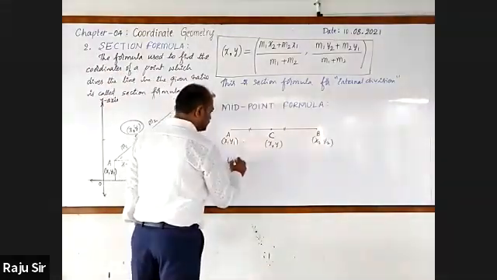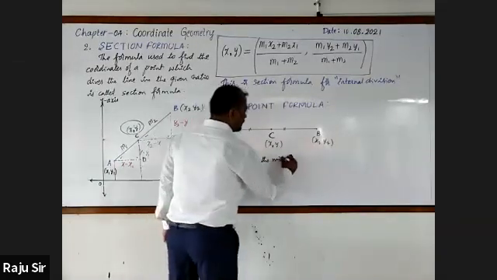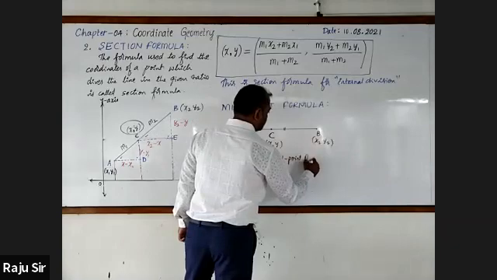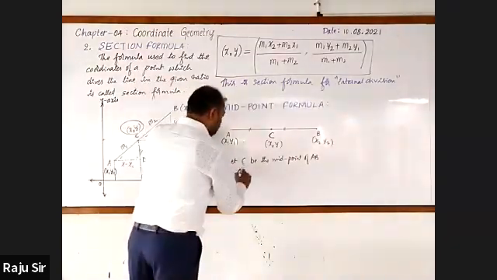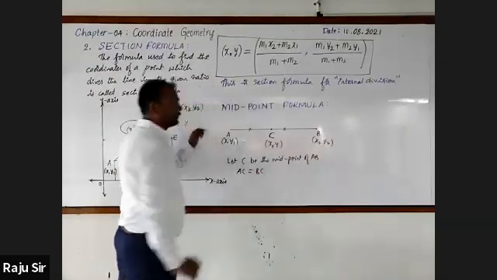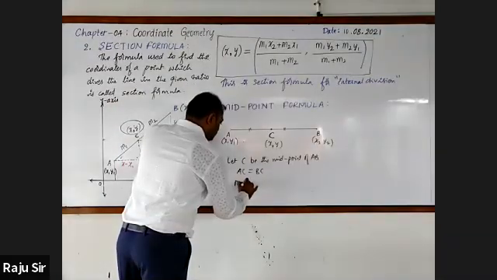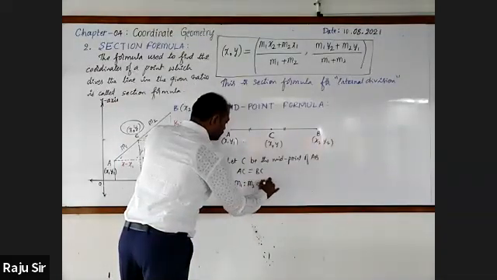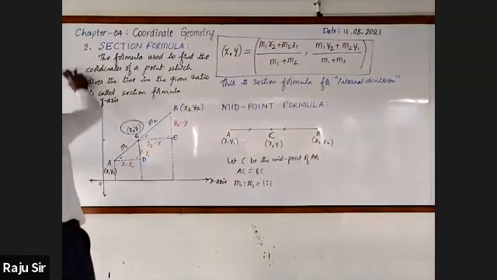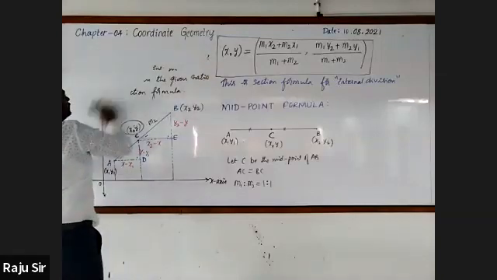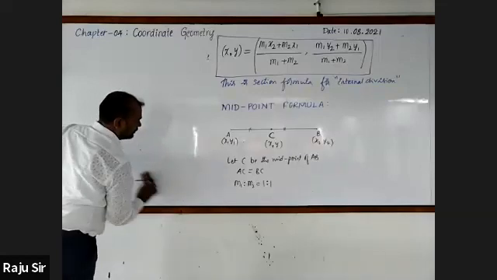Let C be the midpoint of AB. Then AC equals BC, and m1 is to m2 is equal to 1:1. To derive midpoint formula, we have to use section formula.